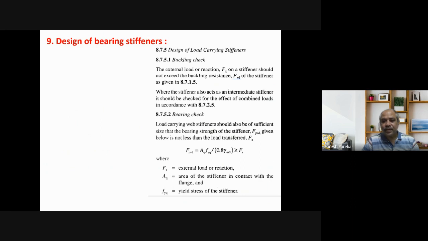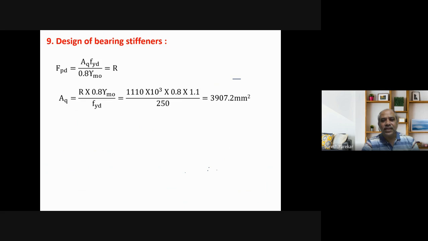8.7.2.5. Now we have Fpsd equal to Aq fyq upon 0.8 gamma m0, greater than or equal to Fx. Here they have mentioned Fx is equal to the external load or reaction. So Fpd is Aq fyd upon 0.8 gamma m0. Now our reaction value is 1110, so we substitute that value: 1110 into 10 raised to 3 into 0.8 into 1.1 upon 250.